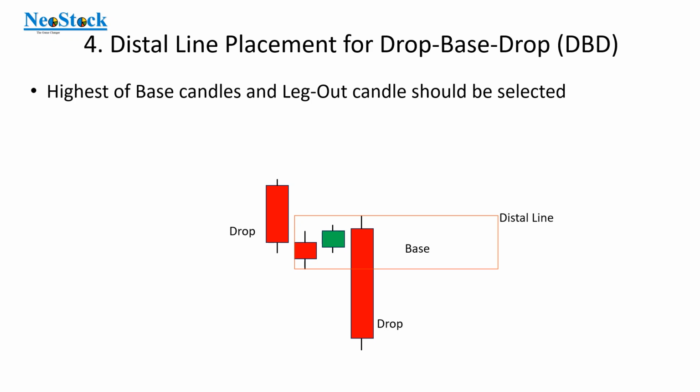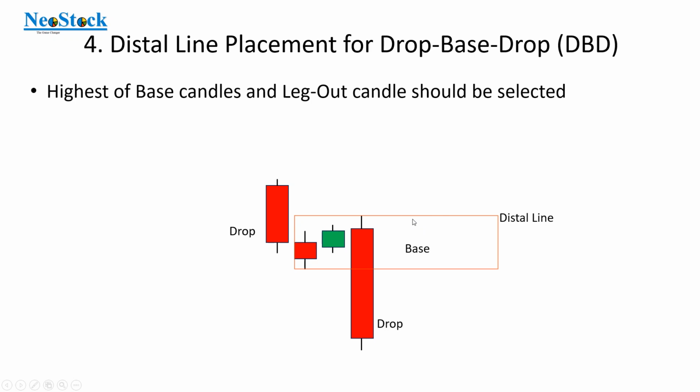So it's a very, very important topic. Though it looks simple by looking at these diagrams, you should memorize these rules. If you draw the distal line in a wrong way, instead of drawing it here, if you draw from here, what happens? See the gap from here to here? Maybe in the coming days, the price will reverse and come back and reach this line.